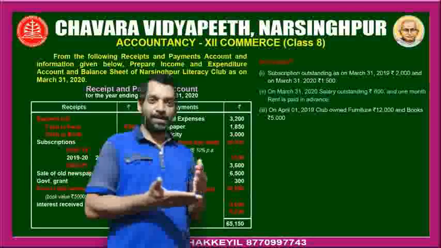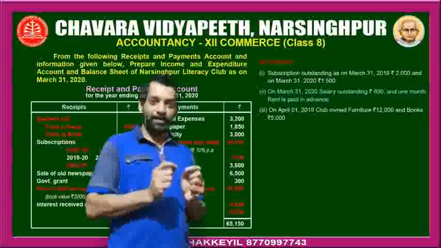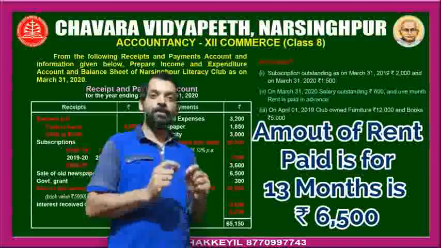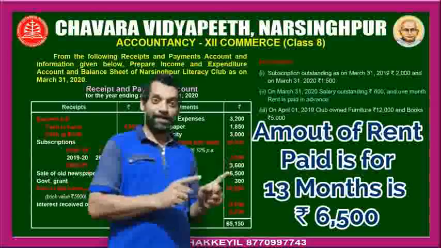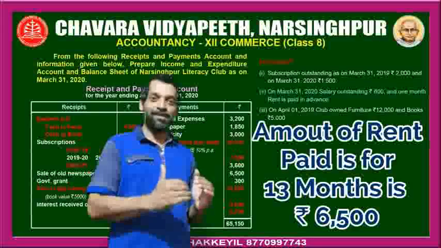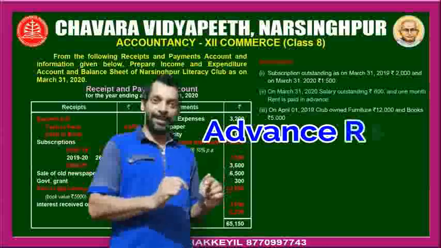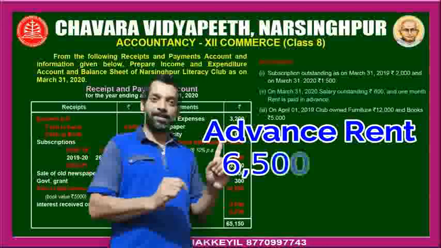So 12 plus 1, 13. So the amount of rent 6,500 is for 13 months. So take only for 12 months, because in an accounting period we take only 12 months. So divide by 13, we will get 1 month rent.